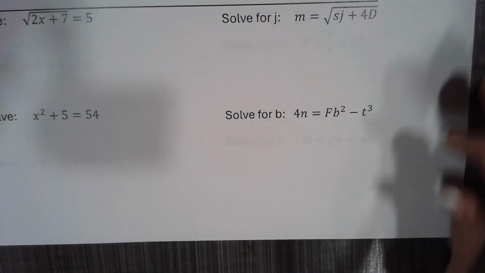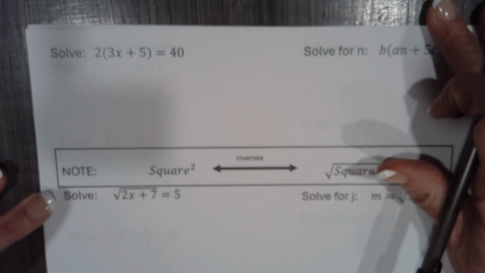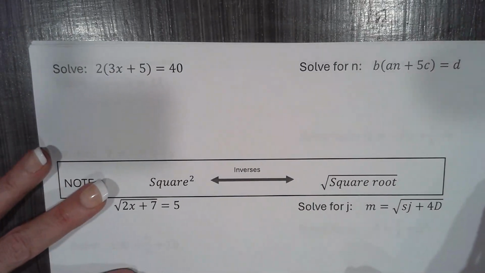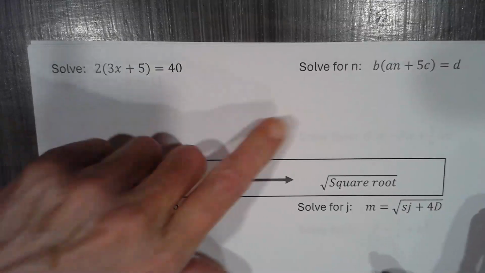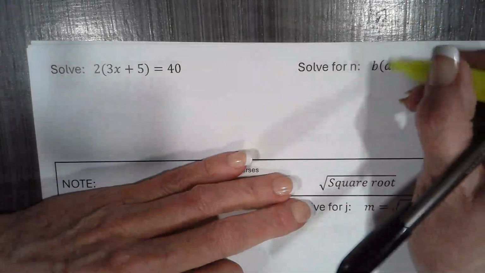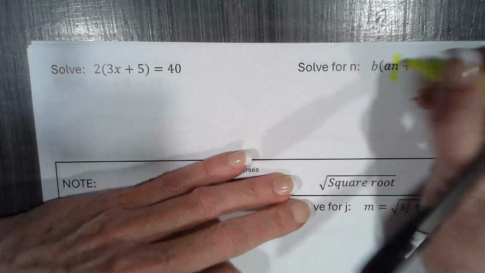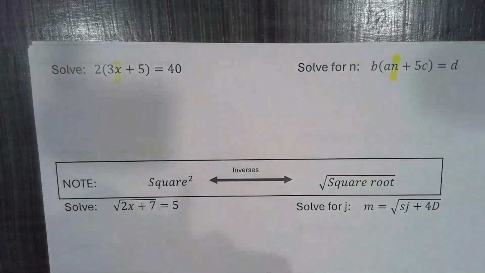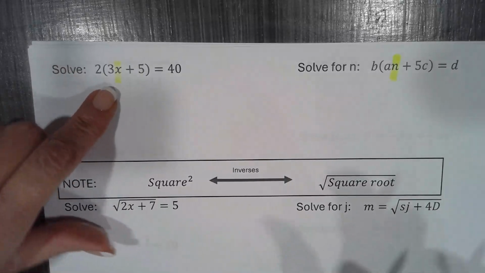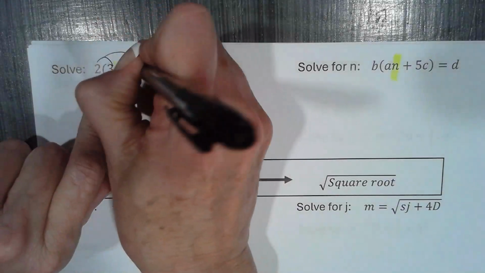All right. Got a couple more. Solving for x, solving for n. Notice, my first step is to distribute here.